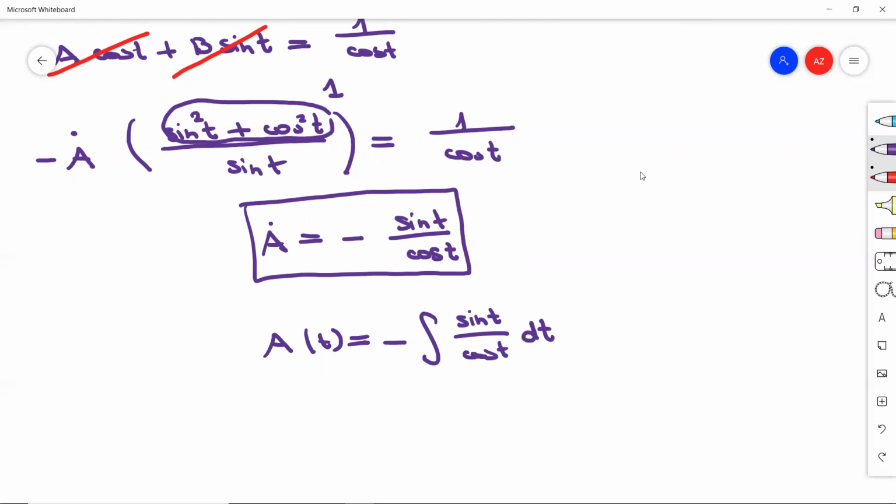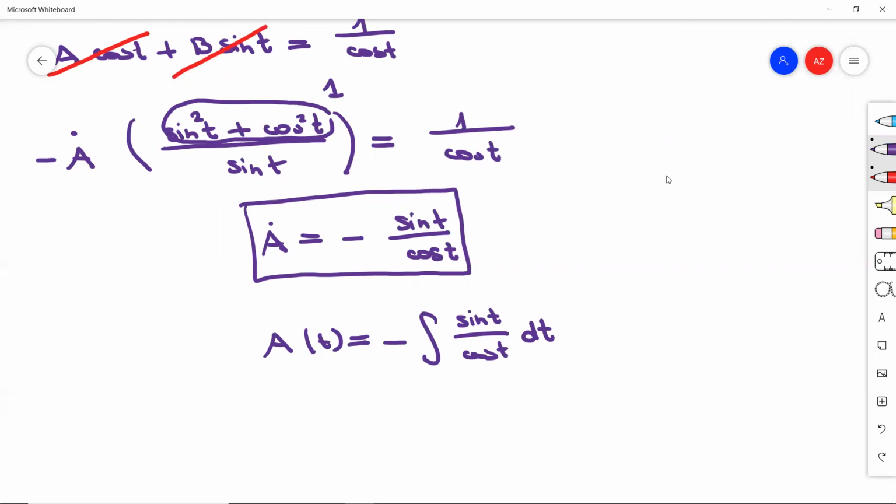One way would be just to look in the tables of indefinite integrals of trigonometric functions. But let's try to remember how to integrate sine over cosine. If we replace sine by u, then we won't get cosine in the right place, because we should have cosine in the numerator, but we have it in the denominator.